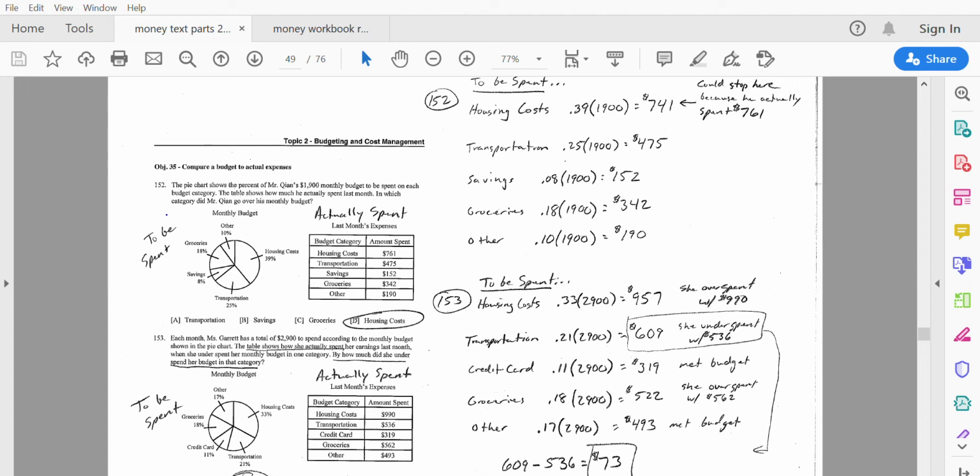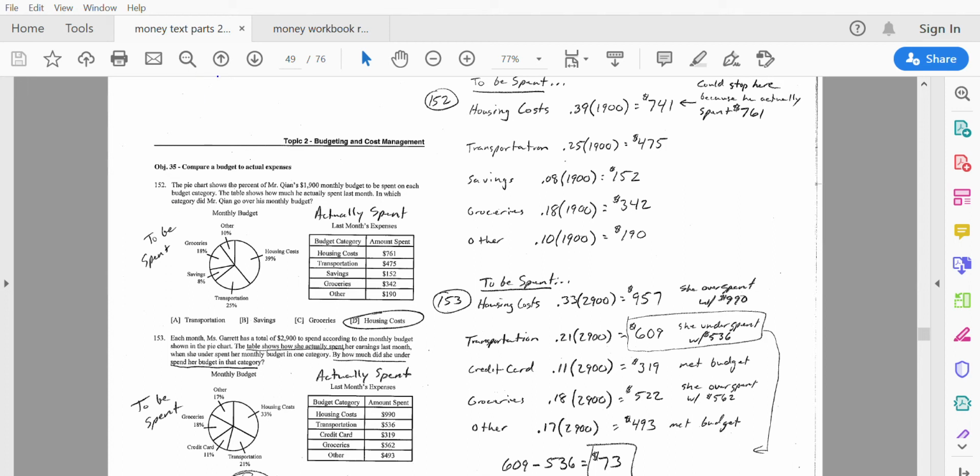The table shows how much money he actually spent last month. Sometimes things come up and you spend more or less on things than you normally would. So the budget is what you plan on doing, or how much money you have set aside for things. The question is, in which category did he go over his monthly budget?